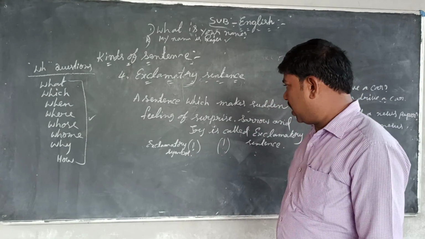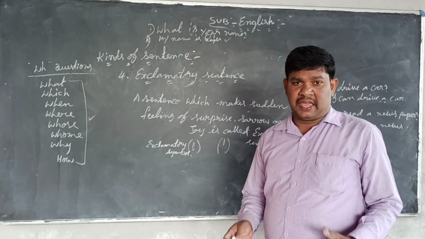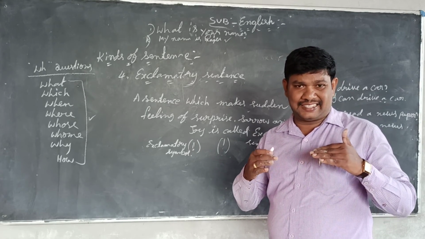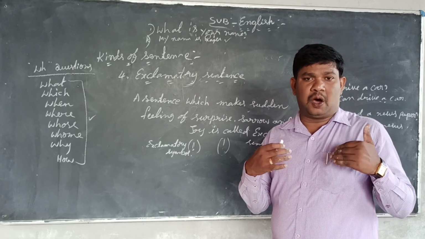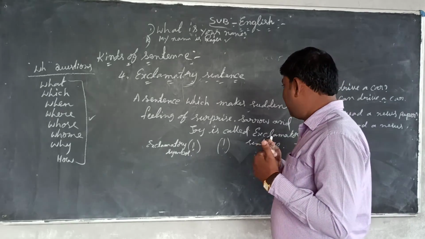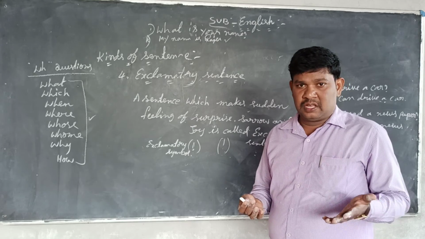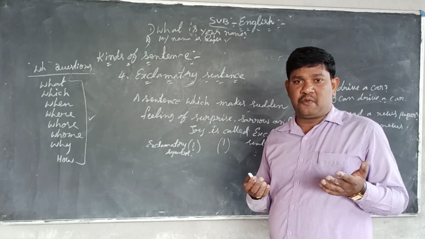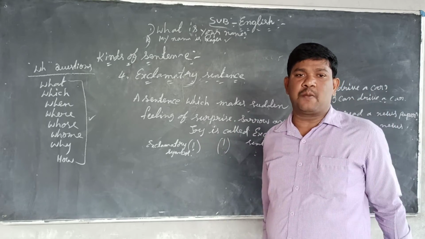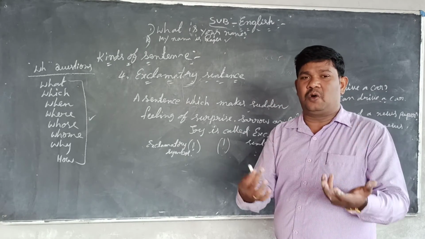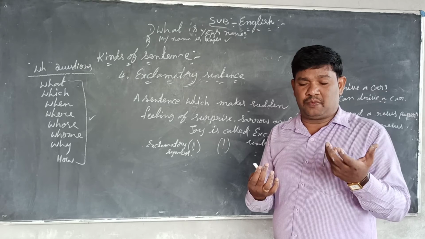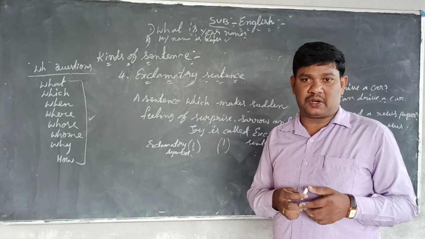I told you already, it is a human being's internal feelings coming out. Maybe they come out as a sudden feeling of sorrow, surprise, or when you feel more joy, a happy moment, then some exclamatory words come out.